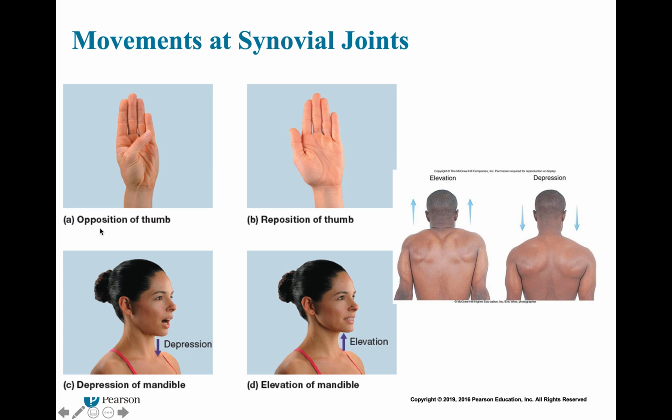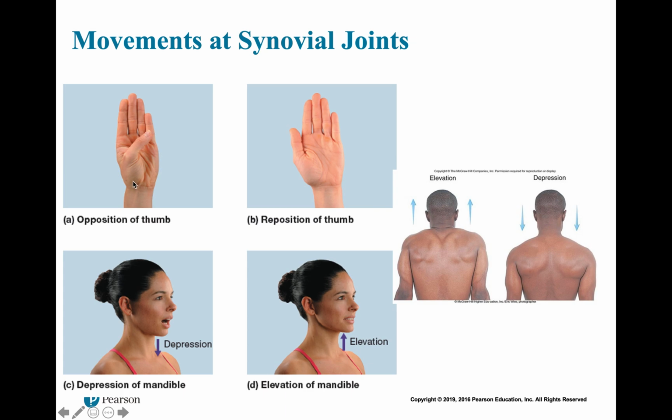These are highly specialized movements only allowed at one joint, the joint between the trapezium, a specific carpal bone, remember there are 8 carpal bones of your wrist, and metacarpal 1, which goes to the thumb.